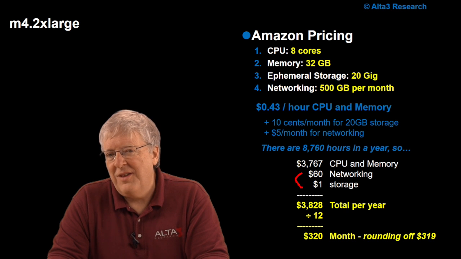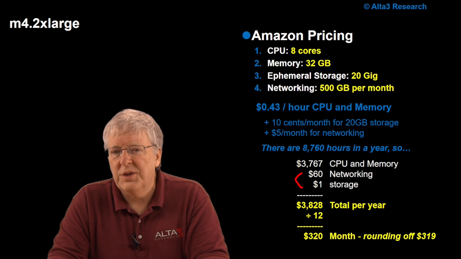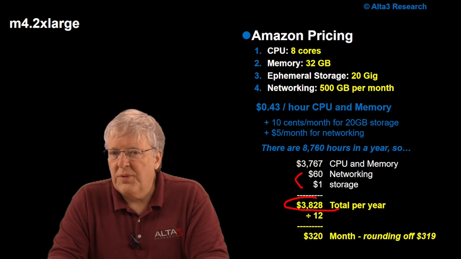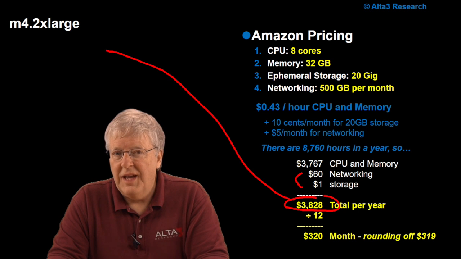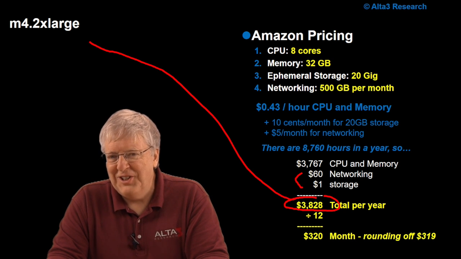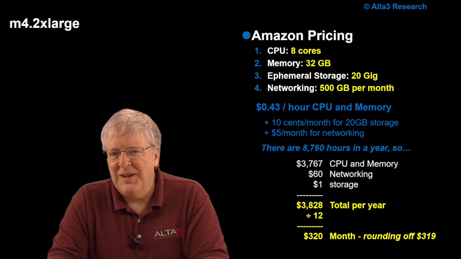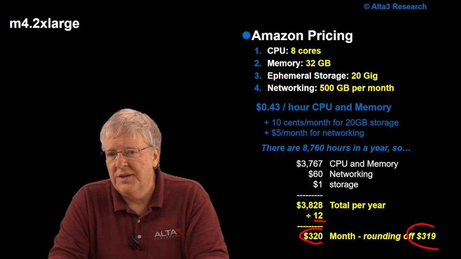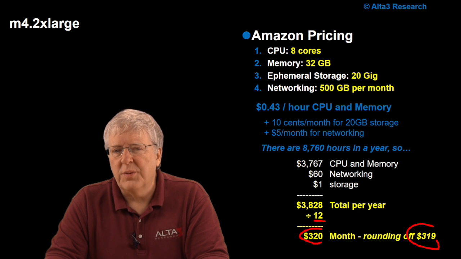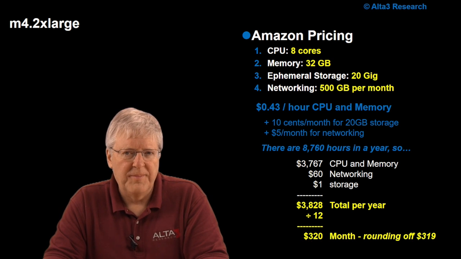Add in the rather trivial cost for networking and storage, and we're going to have to pony up $3,828 a year for the M4.2XLarge. And let's divide by 12 and just say $320 a month. Now it's actually $319. I rounded it up to $320. Makes it easy to remember.